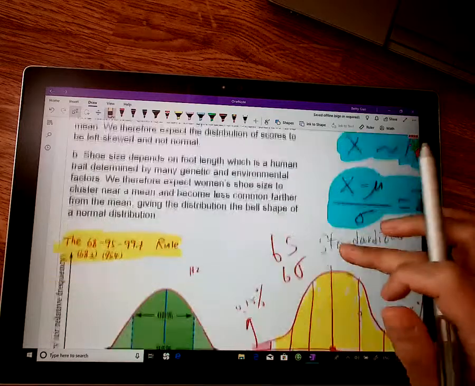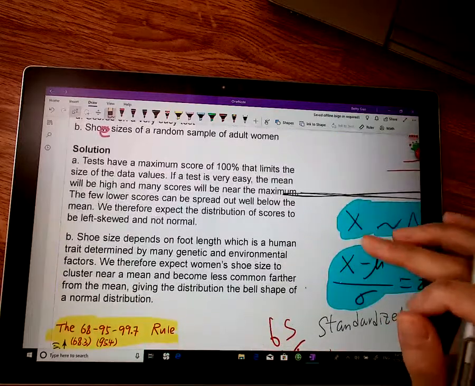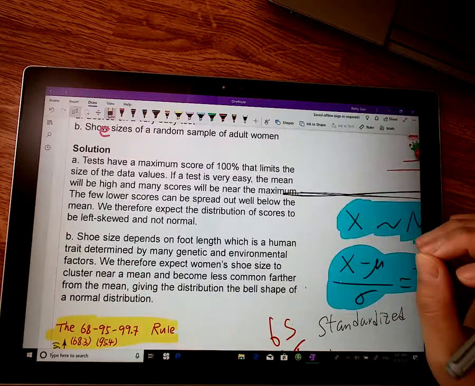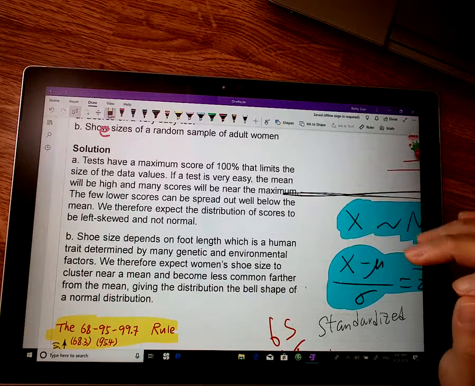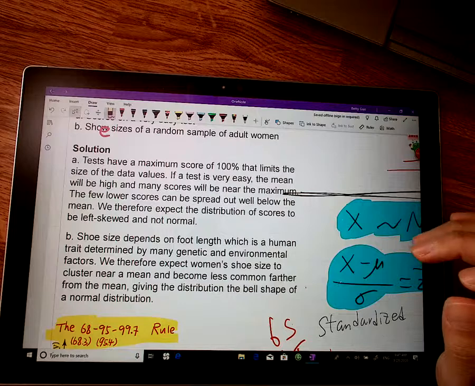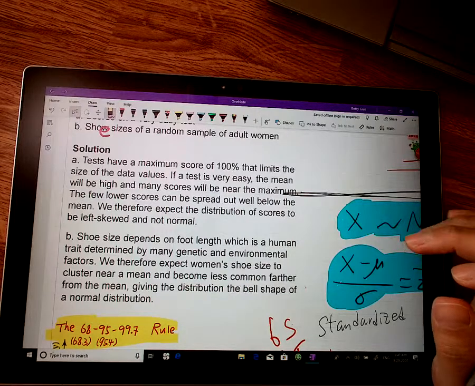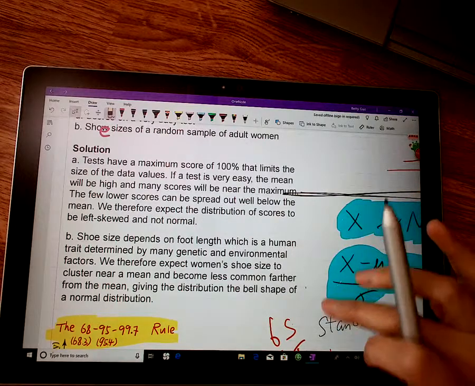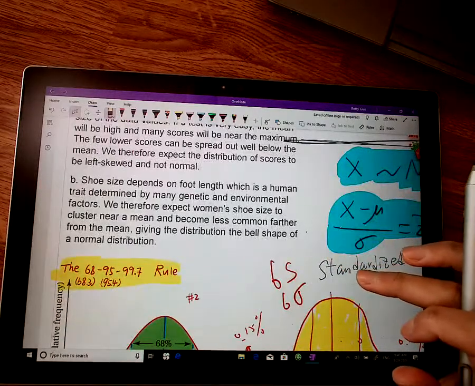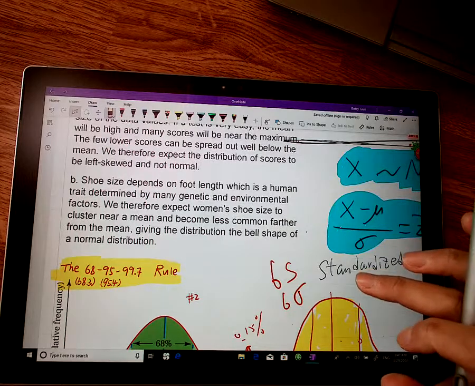Right? So I believe you might have a good understanding already of the concept of normal distribution. It's pretty simple. Think about the name, normal. It's everywhere. It's normal.